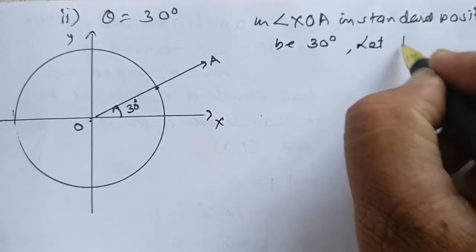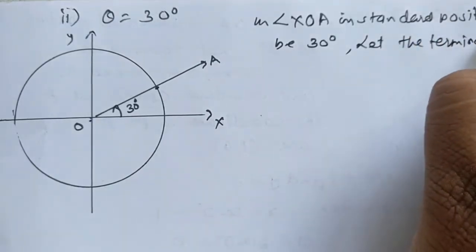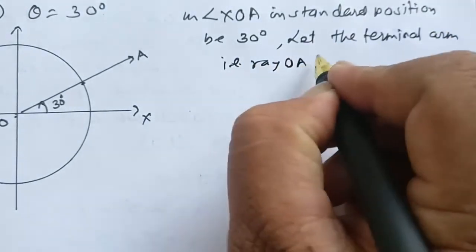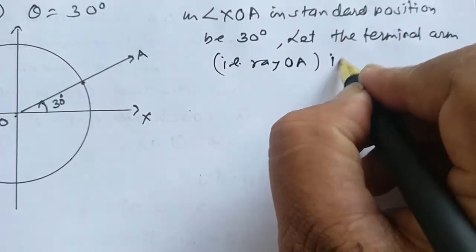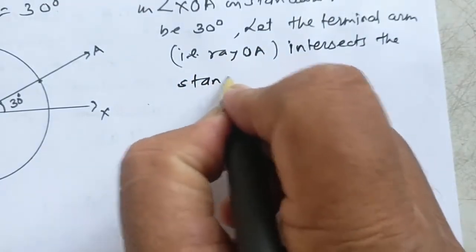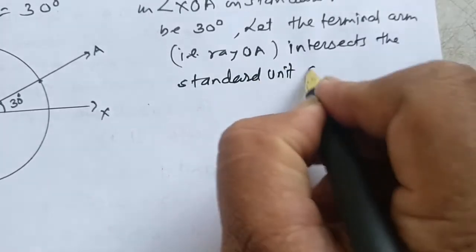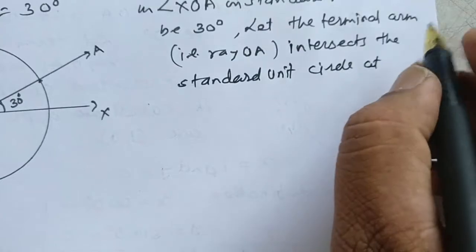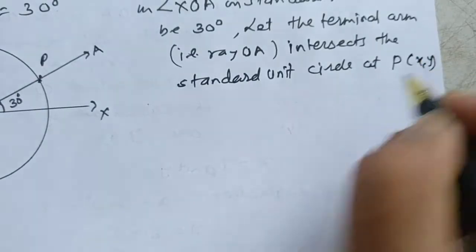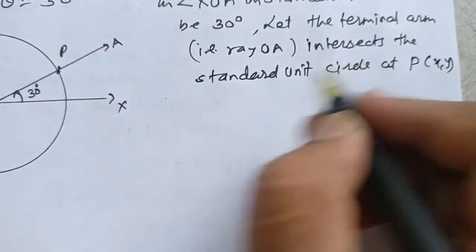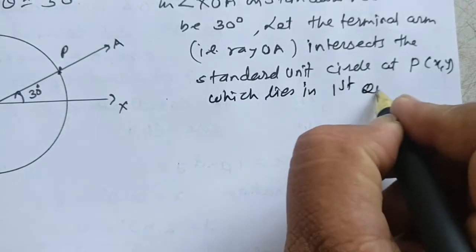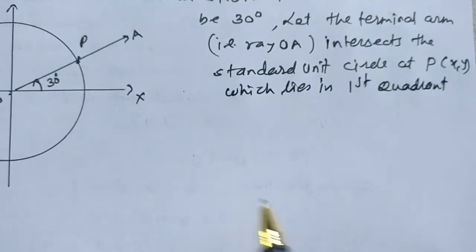Let the terminal arm R, that is ray OA, intersect the standard unit circle at P(x, y), which lies in the first quadrant. The point P lies in the first quadrant.